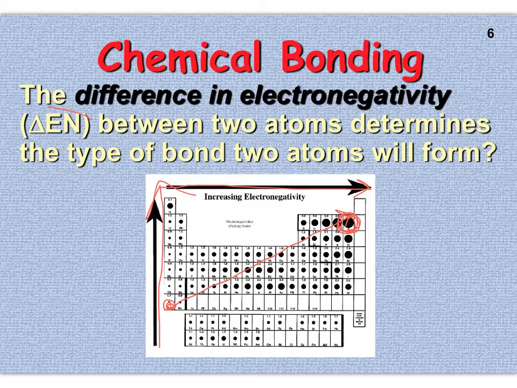The symbol we use for difference in electronegativity is delta EN, and it is the difference in electronegativity between two atoms that determines what type of bond it will form, whether the bond is nonpolar covalent, polar covalent, or ionic.